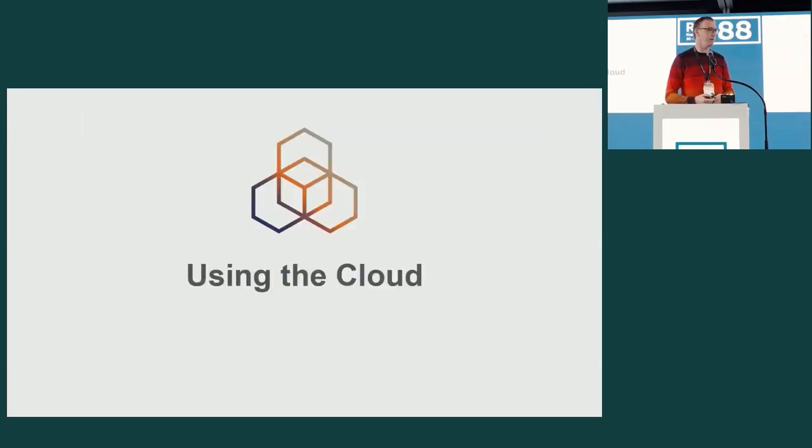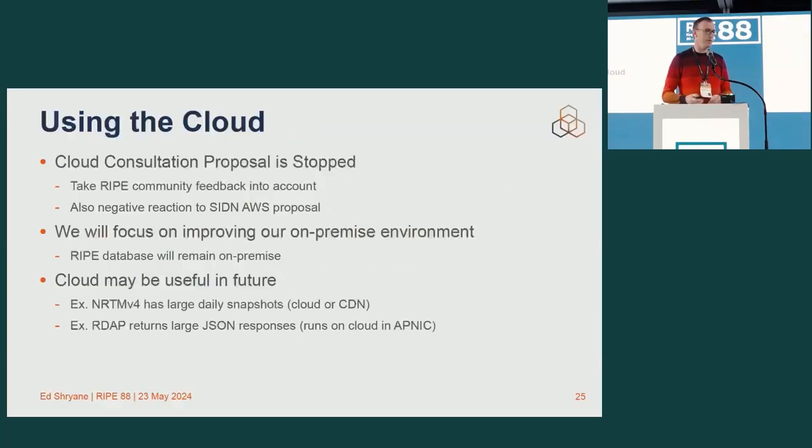Now the cloud, I think this is my last slide. Some news on the cloud. We are going to stop the cloud consultation proposal. We believe that without strong support from the community on bringing this forward, it's better to stop the effort to migrate the RIPE database to the cloud.